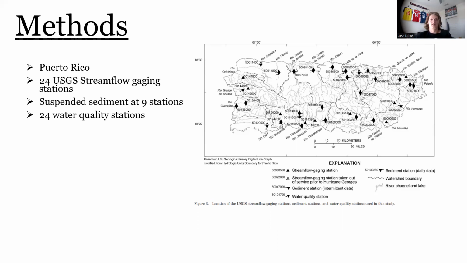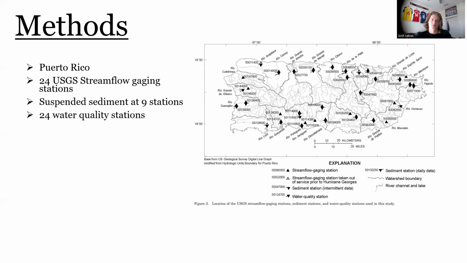And then if you look at the third point on the left-hand side, suspended sediment at 9 different stations. So they measured the suspended sediment at 9 different places around the Puerto Rican layout. The sediment stations, if you look on the right-hand side under the explanation, are an upside down triangle with a little line out to the side.